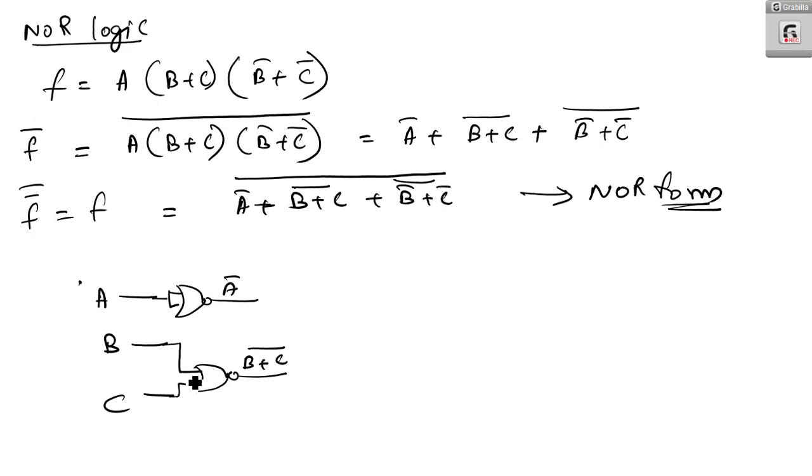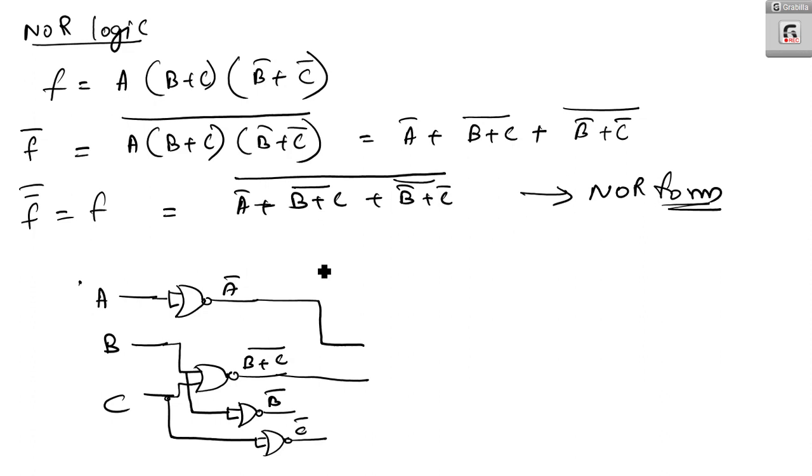That means here we can take B bar. That means here we can use a NOR gate. This is B bar or C bar. So that is again a NOR gate. This is C bar. Now you will get A bar or B or C bar or B bar or C bar, the whole bar.